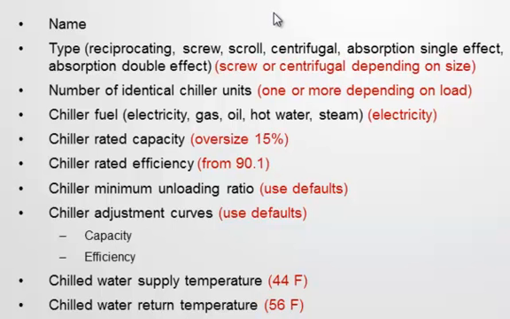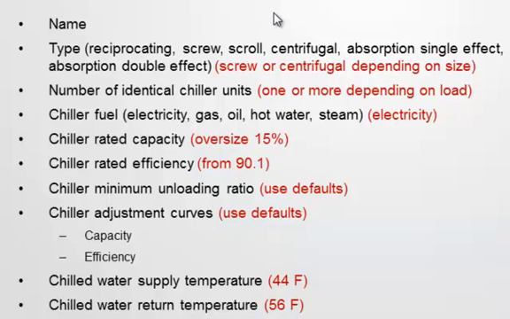If it's more than 600 tons, there's 2 centrifugals, and in the middle there's two screws. They're all water cooled. They're oversized 15%, like all cooling equipment. The rated efficiency for the baseline is taken from 90.1.